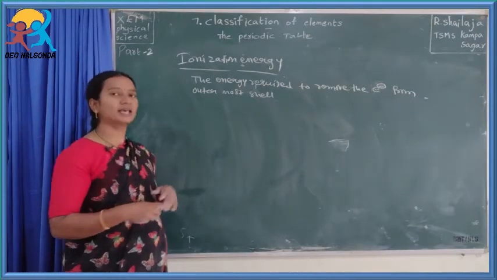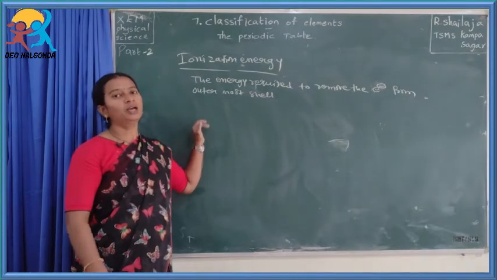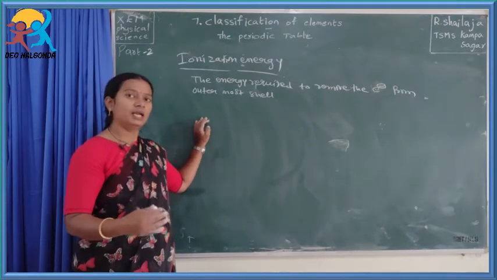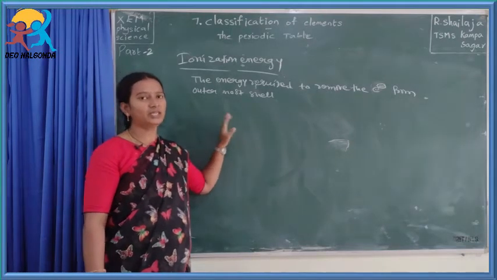That energy is considered the ionization energy. If more energy is required to remove the electron from the outermost shell, it has more ionization energy. If less energy is required to remove the electron from the outermost shell, it has less ionization energy.